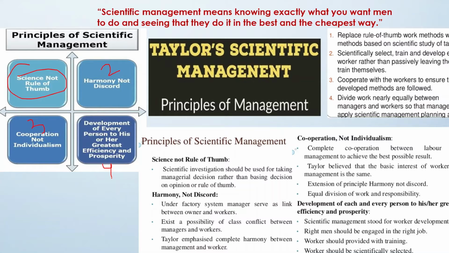So here it is also a scientific method of evaluating the students who are ready to go for the junior research fellowship and who are ready for the assistant professor. The same way, scientific investigations should be used for taking managerial decisions rather than basing decisions on opinion or rule of thumb.